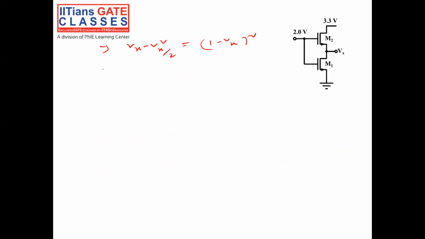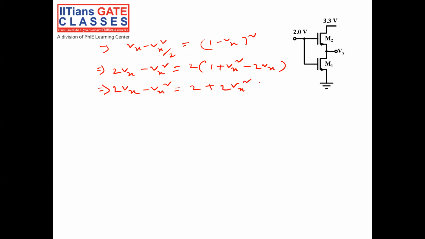Simplifying, 2Vx minus Vx square is equal to 2 into 1 plus Vx square minus 2Vx, which gives 2Vx minus Vx square is equal to 2 plus 2Vx square minus 4Vx. Everything I take to one side: 2Vx square plus Vx square is 3Vx square, minus 4Vx minus 2Vx is minus 6Vx, plus 2 is equal to 0.